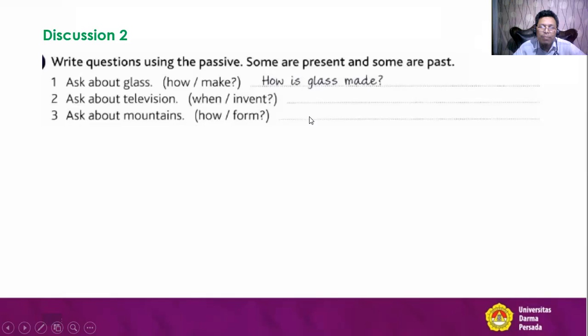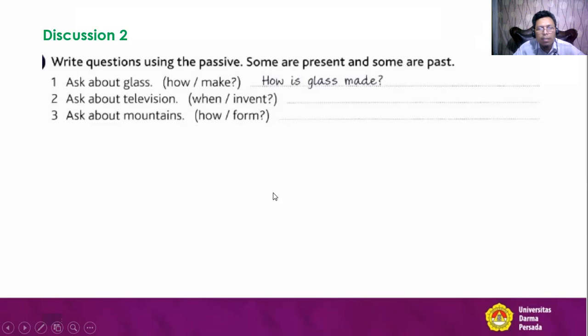And then I forgot something. Contextually, we see that this one is about general information, so this is supposed to be present. Meanwhile this one is contextually something about the past, so this is past.